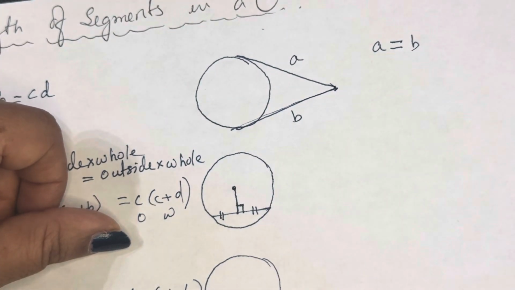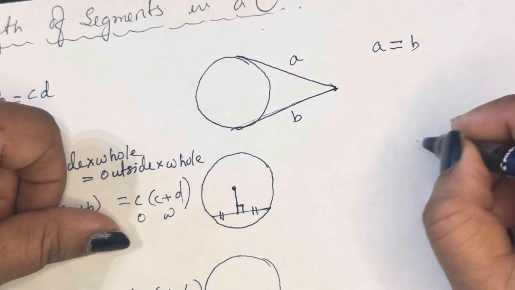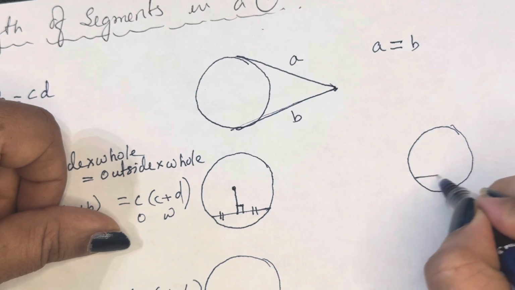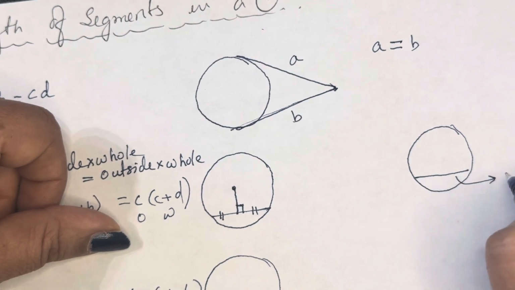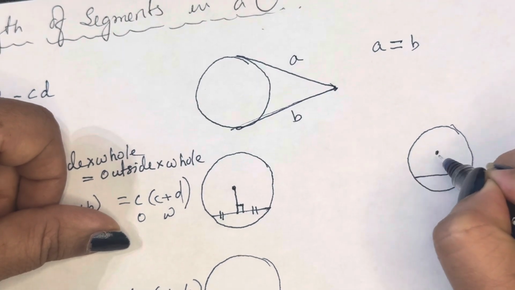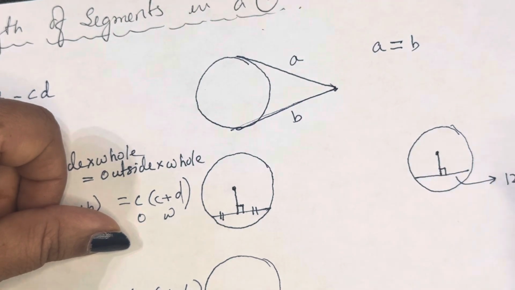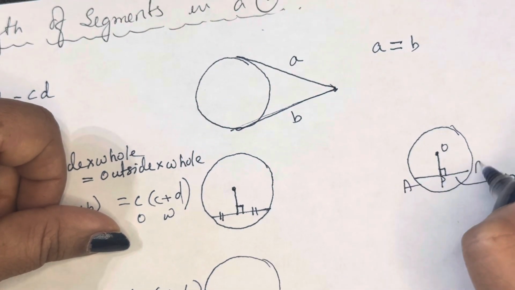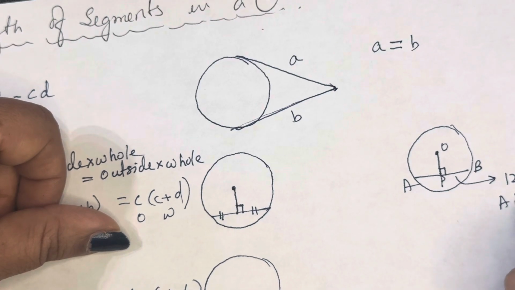It is always bisecting the chord. What does that mean? That means if I have a chord of length 12 inches, this chord is 12 inches. And if I say I have drawn a perpendicular on this chord with point P, what will be the length AP?